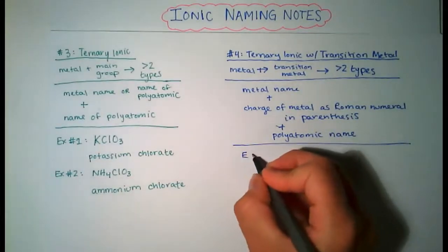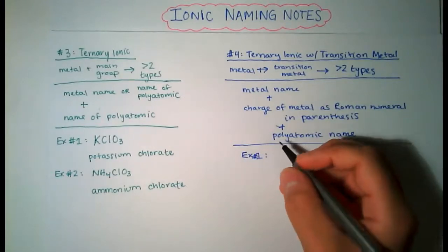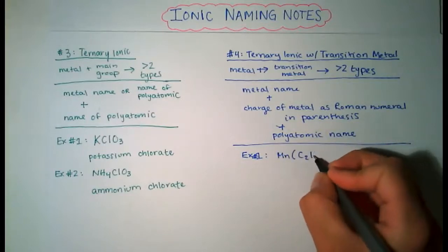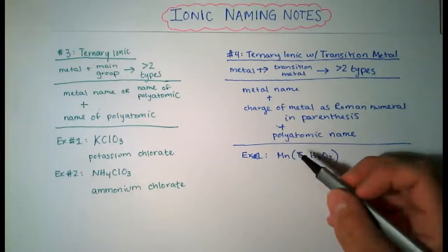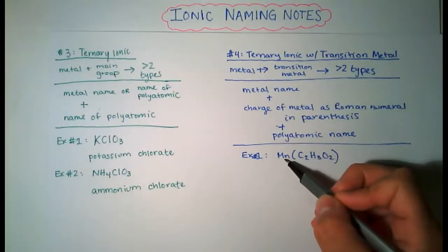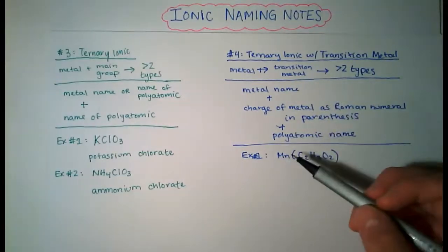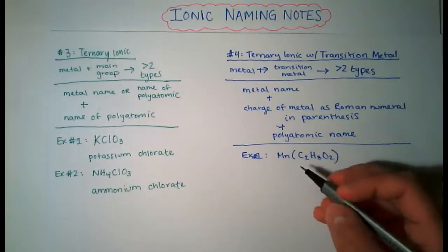So our first example, number 1, is Mn and then C2H3O2. So here we have manganese, which is a metal, it's a transition metal, and there's more than 2 types of elements. In fact, there are 4 types of elements in this chemical formula.